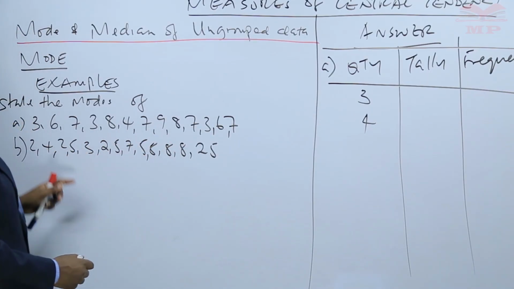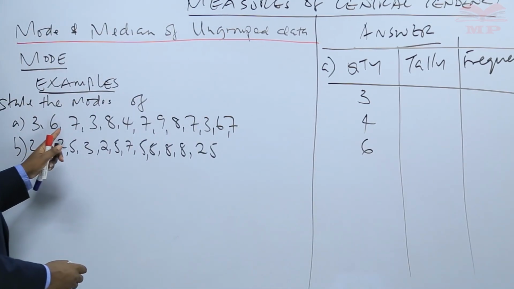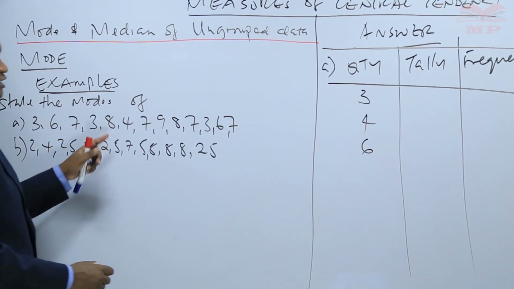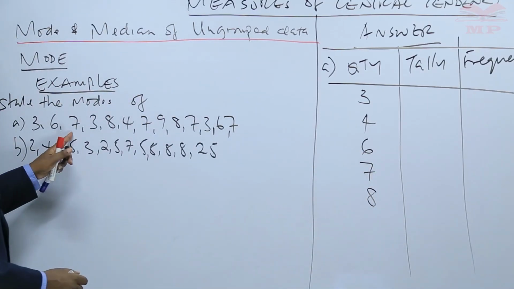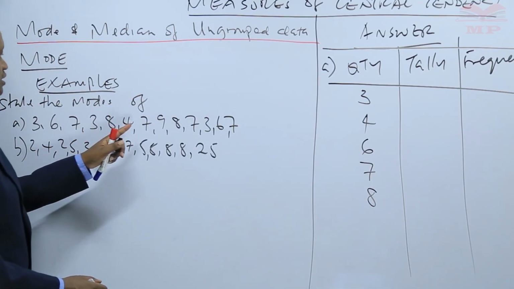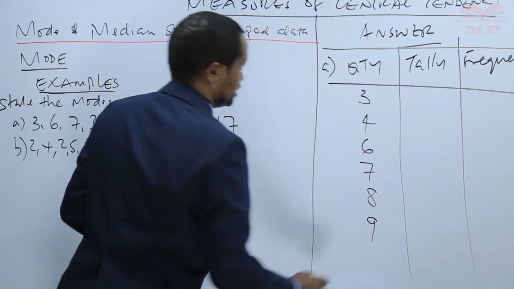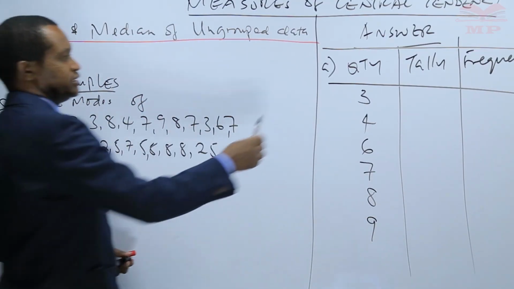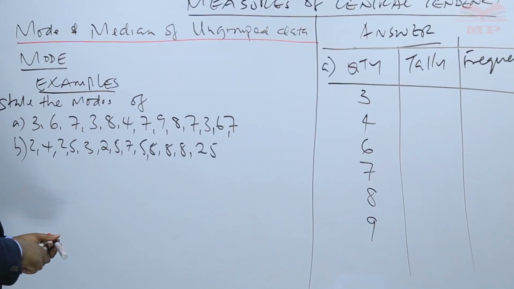No. But we have 6 in this set, then 7, 8, and then we have 9. So we can now tally.